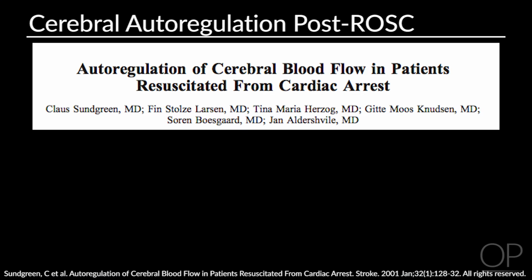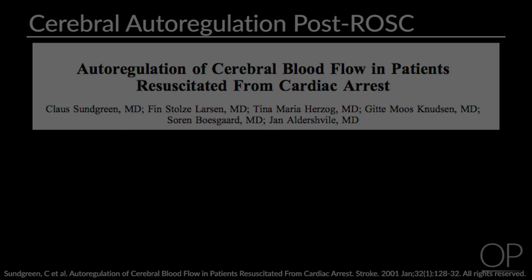As I alluded to earlier, there are concerns that cerebral autoregulation after return of spontaneous circulation is not normal. What has been seen in limited adult studies is that, and this is a study from Klaus that was published in Stroke over 10 years ago, where what they did is they compared by the use of transcranial Doppler cerebral blood flow velocity, plotted it against mean arterial pressure, and tried to generate an autoregulation curve in patients both after cardiac arrest as well as some healthy volunteers.